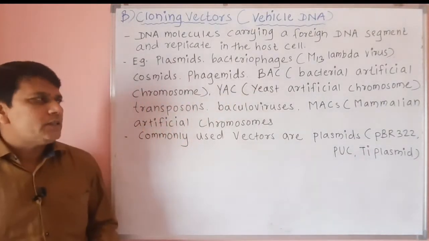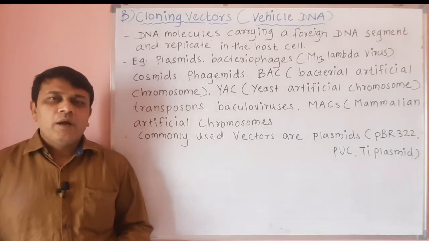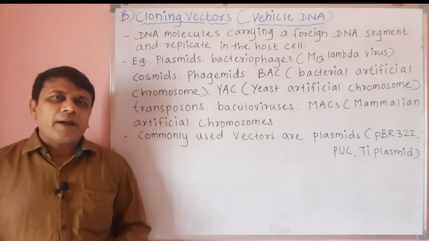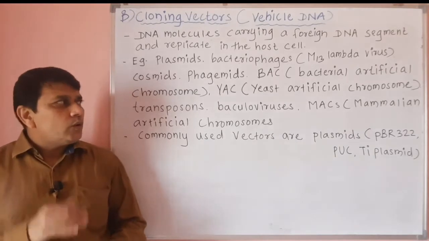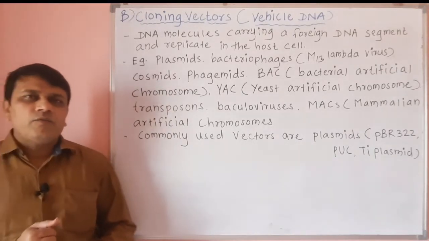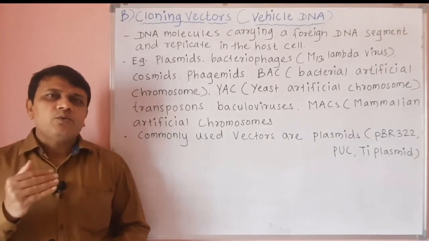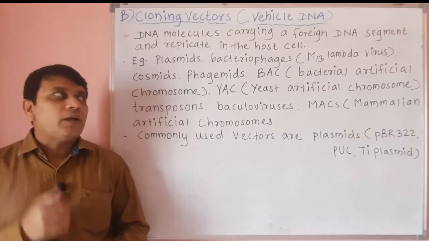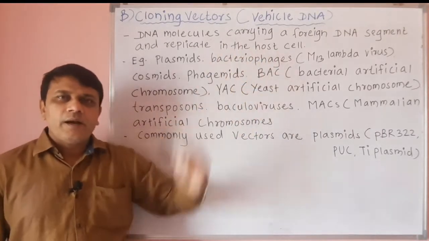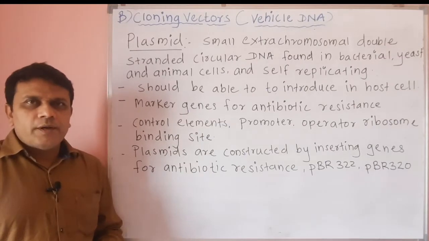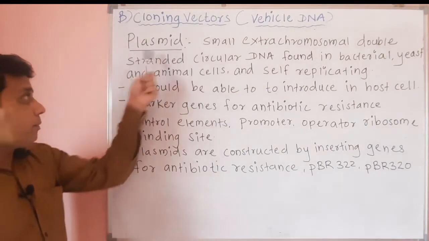Ti plasmid is a tumor inducing plasmid found in Agrobacterium tumefaciens. So these are the different kinds of vectors which are used as cloning vectors, or they are also called vehicle DNA. The most commonly used vectors are plasmids.